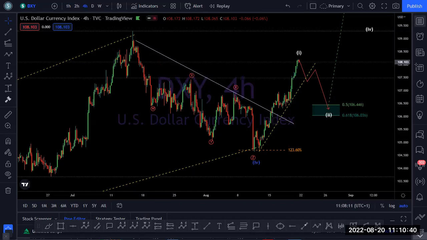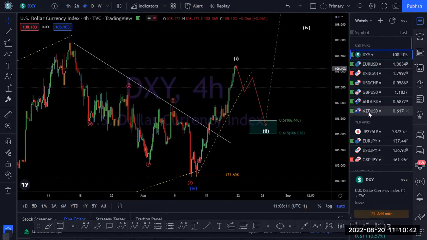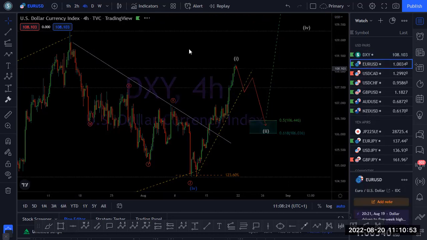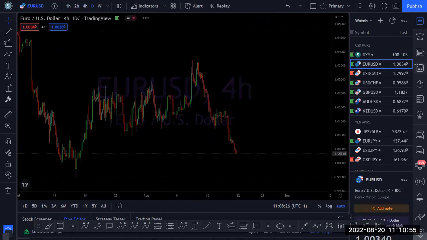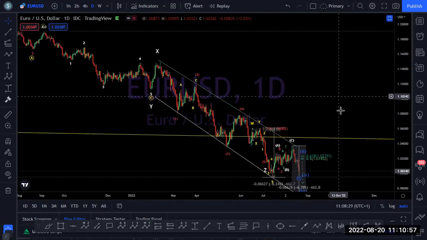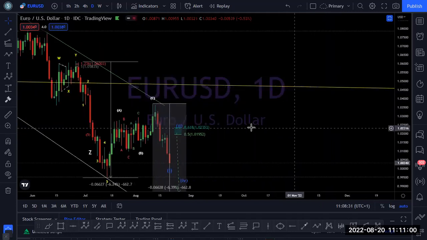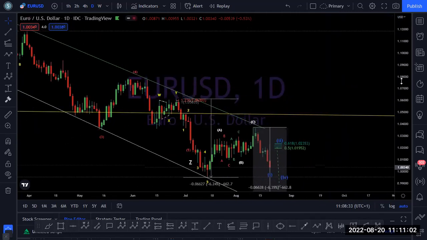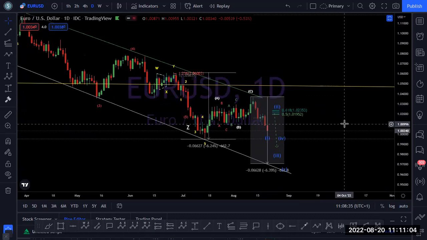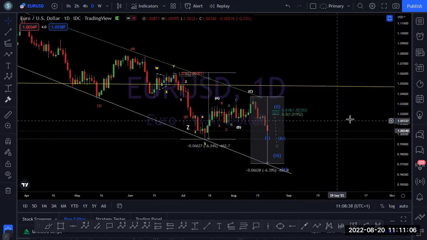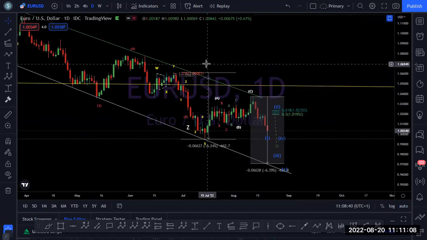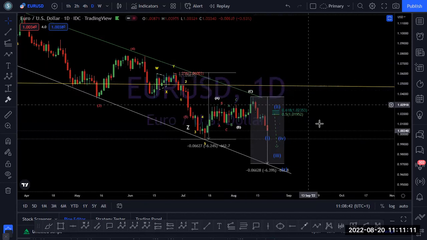Let's go down to EURUSD. EURUSD, I think I will go to daily. So now EURUSD, we are expecting a new low. EURUSD and DXY go in opposite directions. On this one, I don't have to waste time explaining again, but know it.